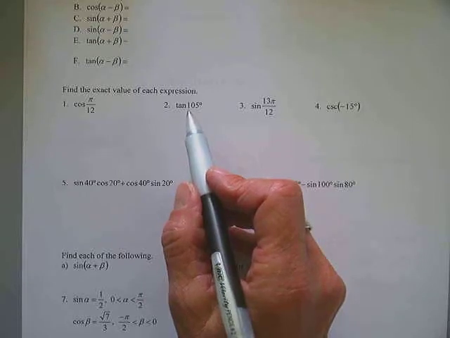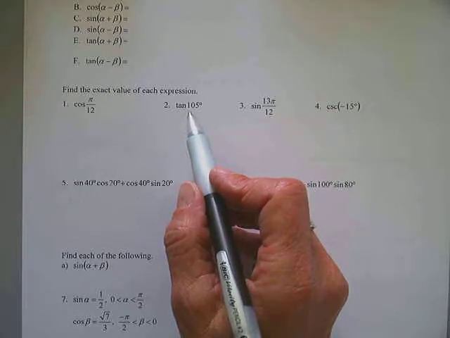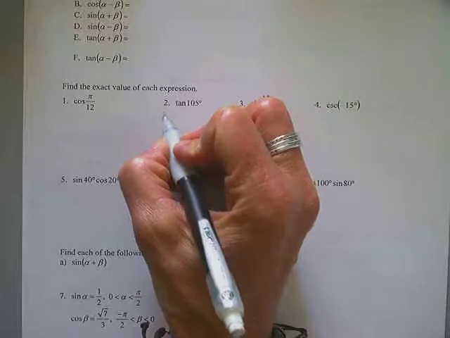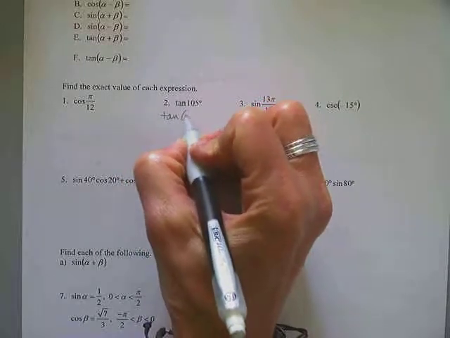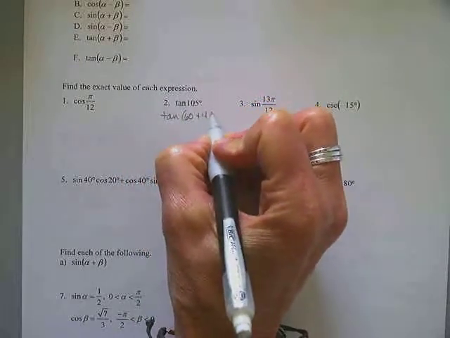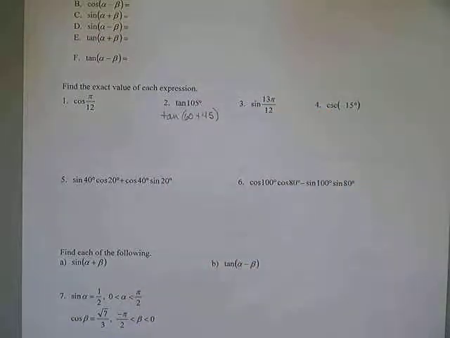Now we're on the sum and difference ones. Let's take a look at number 2 here. 105 is not a special triangle, is it? No, but what two special angles equal 105?